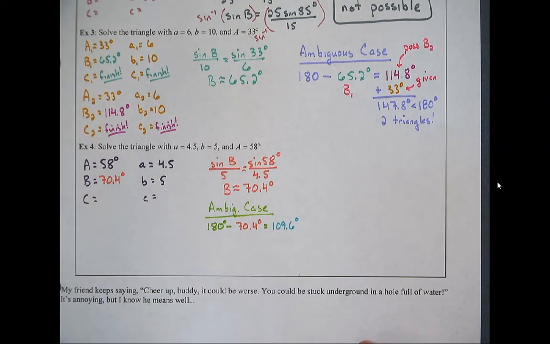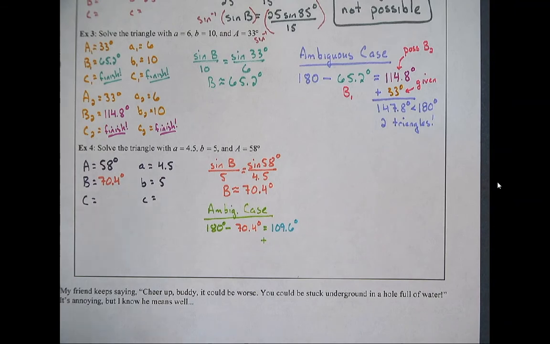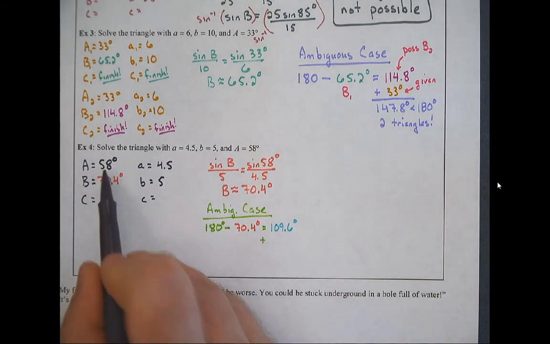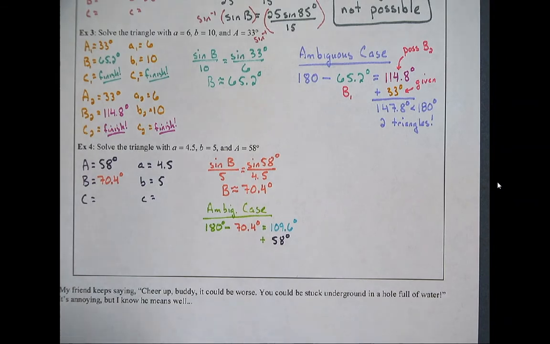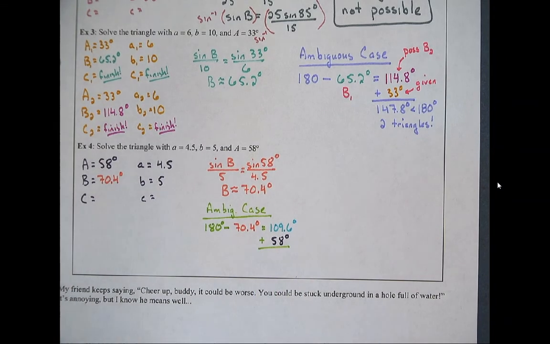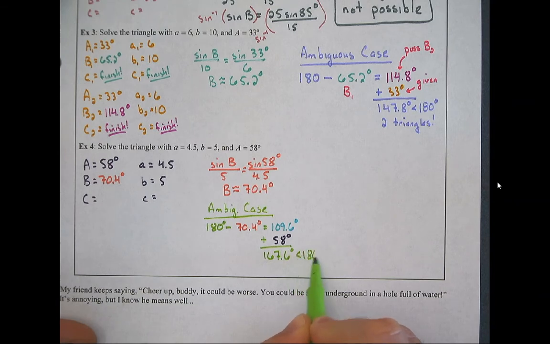I don't know if it's B2 yet. I have to add back on the given and see if I get something that's less than 180. So the given was 58 degrees. So 109.6 plus 58 ends up being 167.6 degrees, which is less than 180 degrees, which means I have, of course, 2 triangles.